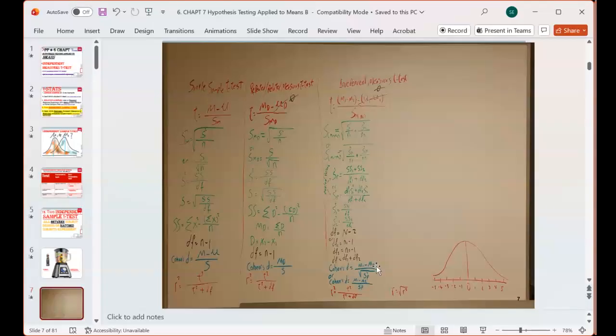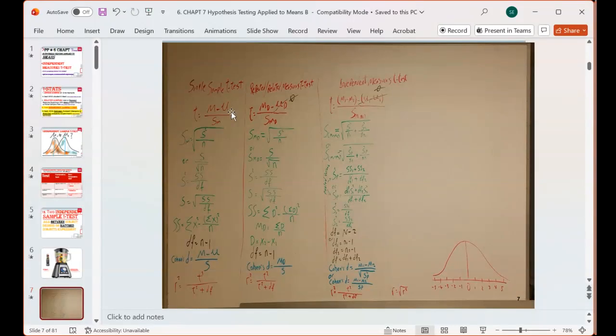Okay, sorry about that. So those are the formulas in red from the left column. t is M minus mu. If you look at them, you see they're all pretty much the same. For the single sample, it's the difference between the sample mean and the population mean, but in this case it's not a population mean.